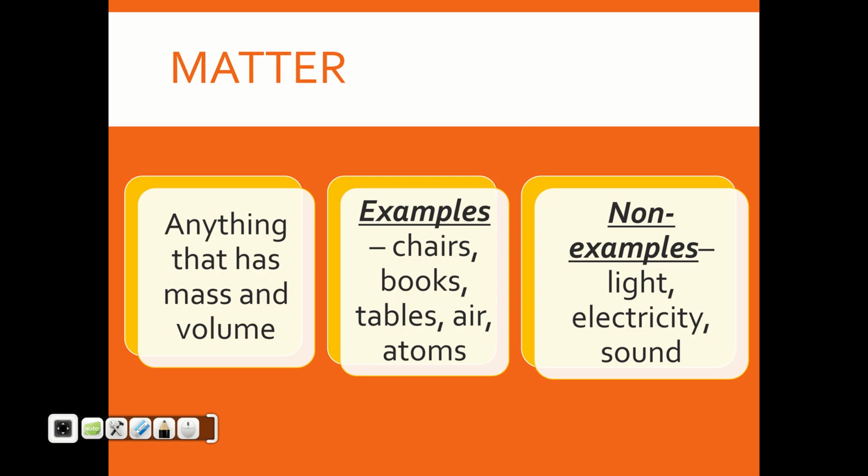We've been talking about matter all year long. We just jumped straight to the atom, which is the smallest unit of matter that has all of the chemical and physical properties of the larger substances it makes up. A general definition of matter is anything that has mass and volume.